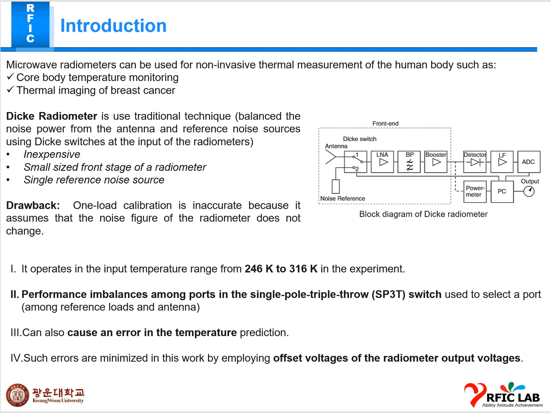After the front end comes the detector to detect all this, and a power meter, LF, and PC are connected to calculate and see the temperature for measuring, and after that the output will be there.